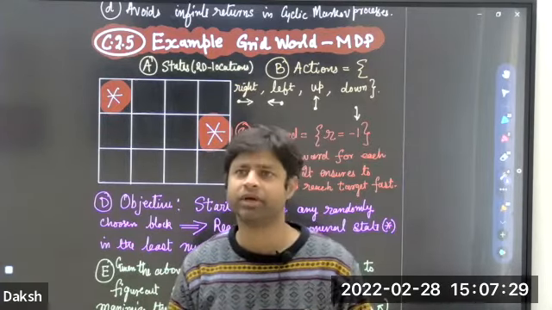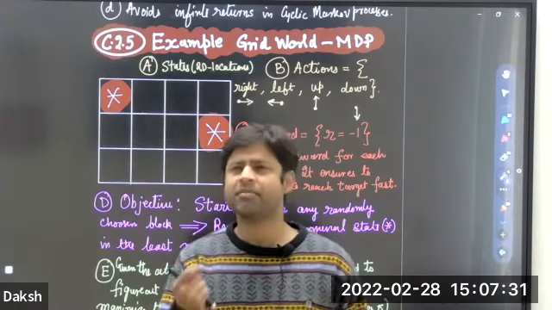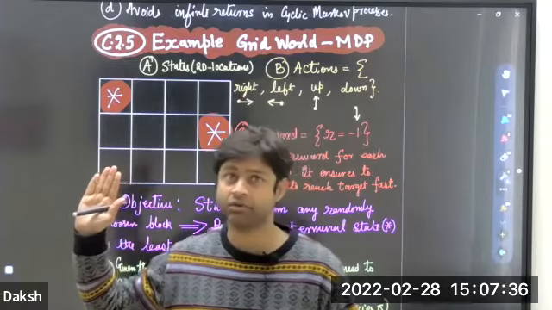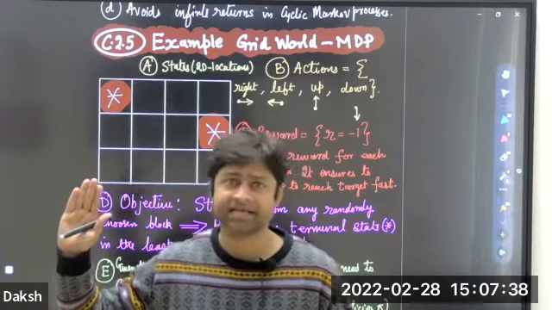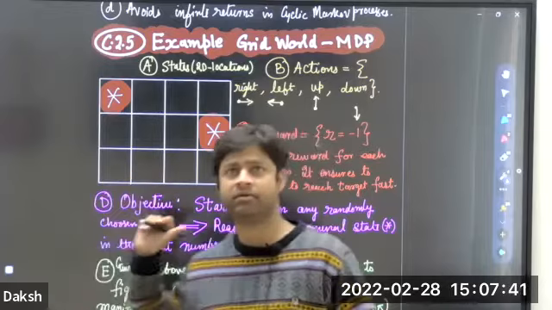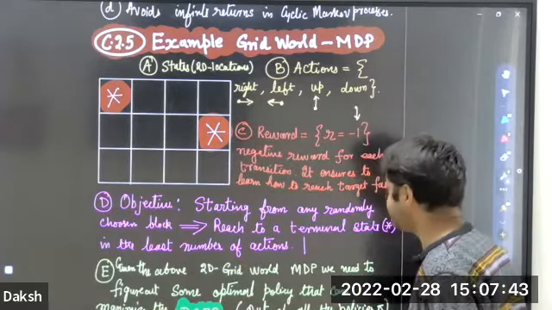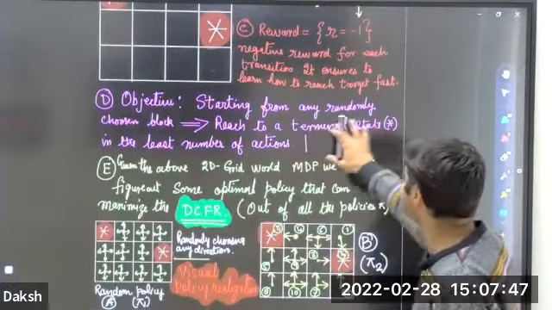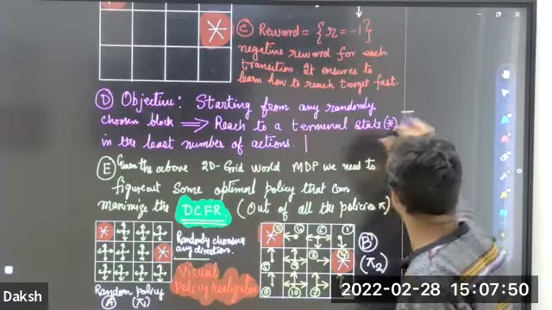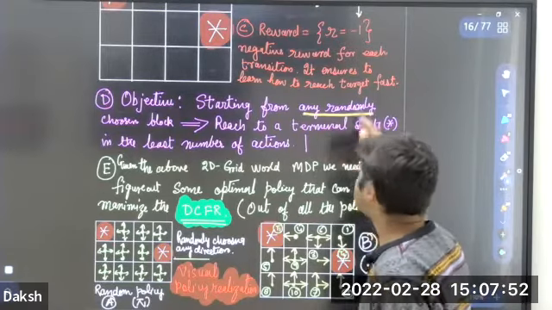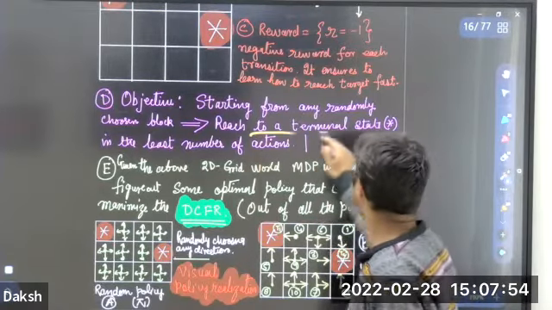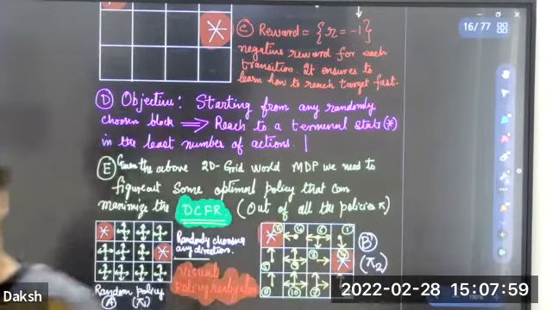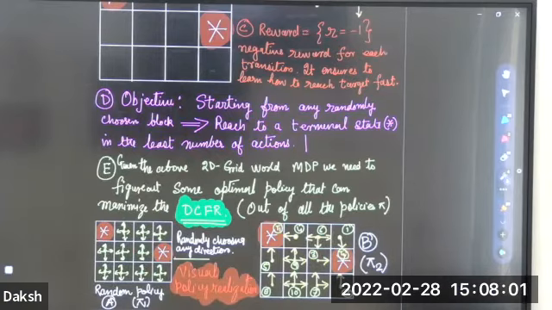So this is just a punishment. You need to take as few steps as possible. Our objective is that starting from any random location, reach a terminal state in the best number of steps, as fast as possible.